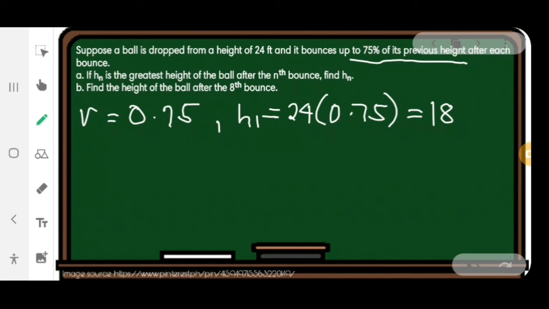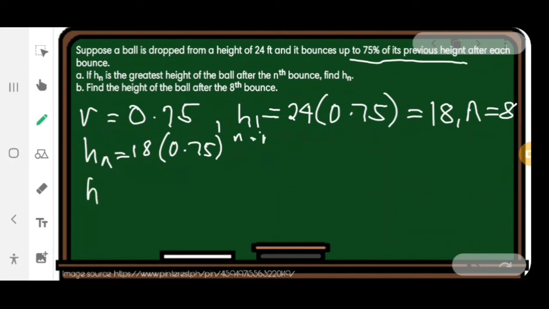So our n here for letter B is 8. Again using the formula, our general term is h sub n is equal to 18 times 0.75 raised to n minus 1. Now substitute n.